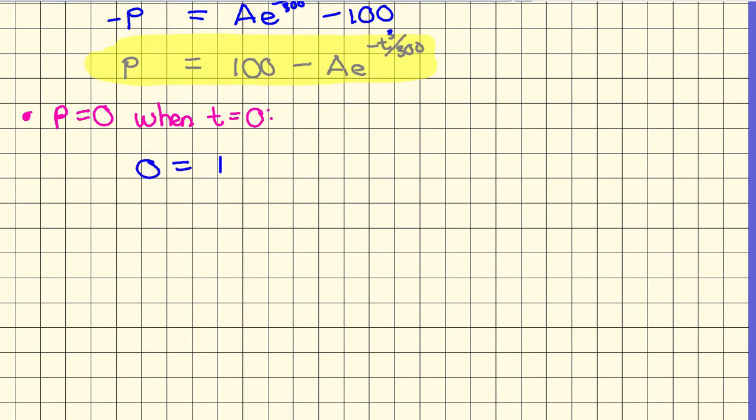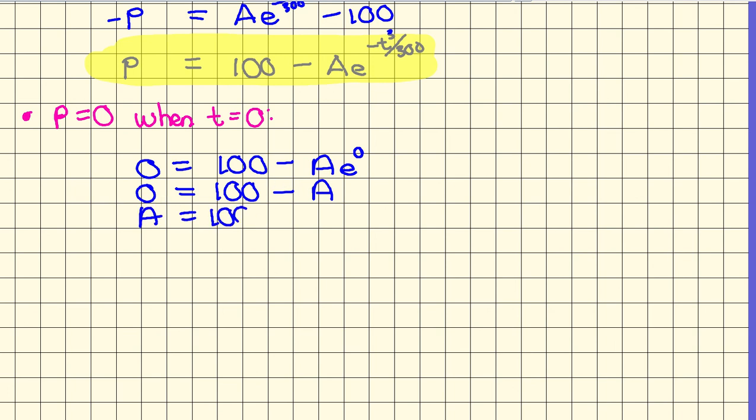Okay, so let's sub them into the general solution. So 0 equals 100 minus ae to the power of, now if t is 0, all of that just becomes 0. We already know that anything to the power of 0 is just 1. So this is like 100 minus a. And then if we rearrange to get a by itself, just add a to both sides.